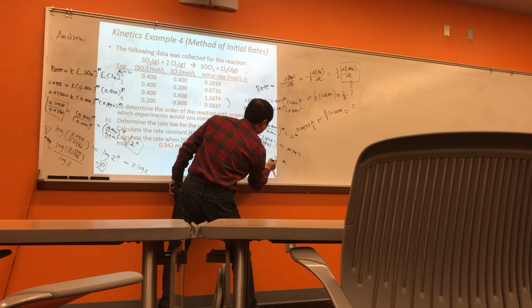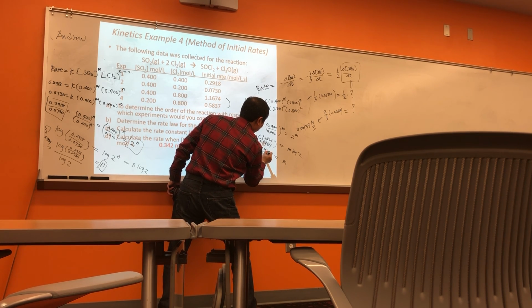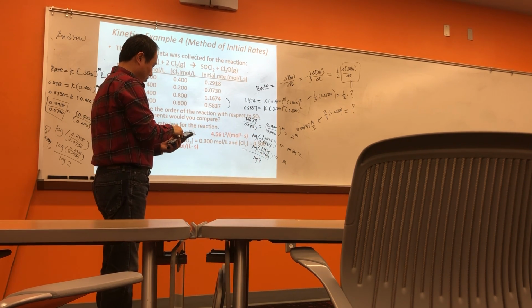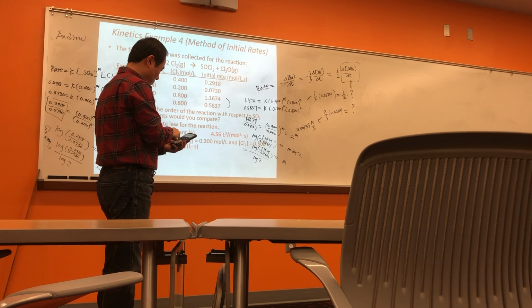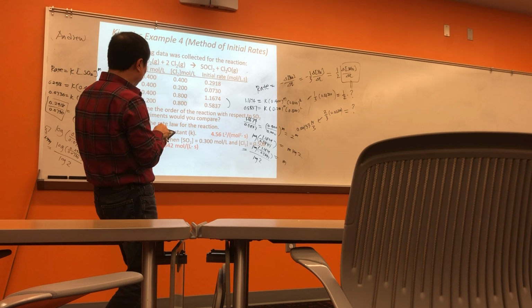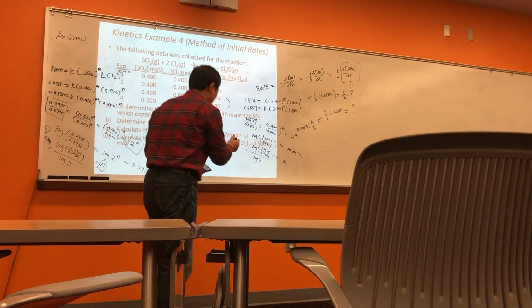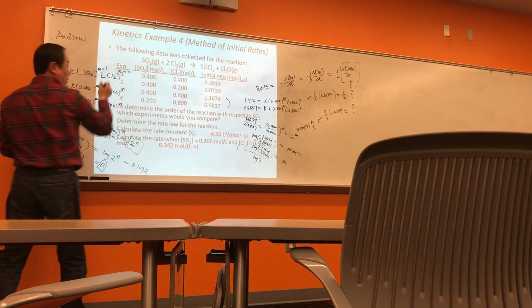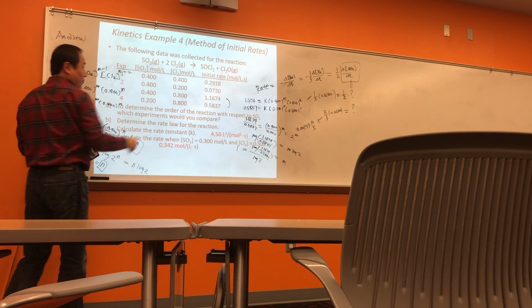My m is log on the bottom, log this on the top, and then if you do the math, what do you get? 1.1674 divided by 0.5837, divided by log 2. I got 1. So m is 1. We just determined m and n from the data.